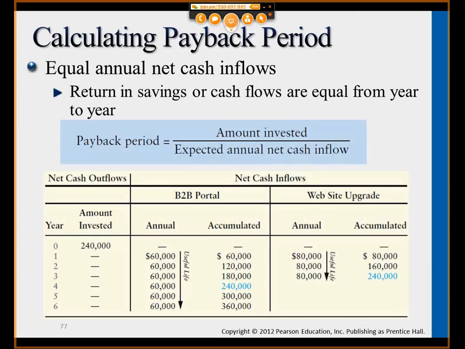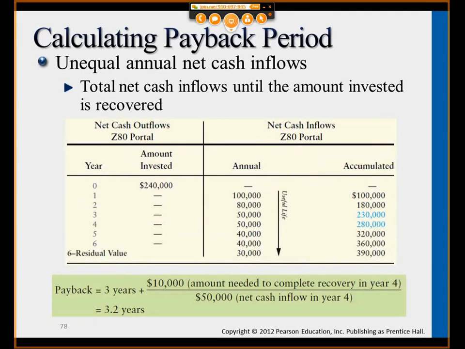So when the investment has unequal cash flows, okay, we have unequal annual net cash inflows, then we total the net cash inflows until the amount invested is recovered. So what does it mean here? Let's see.